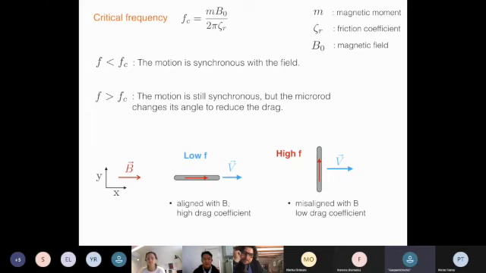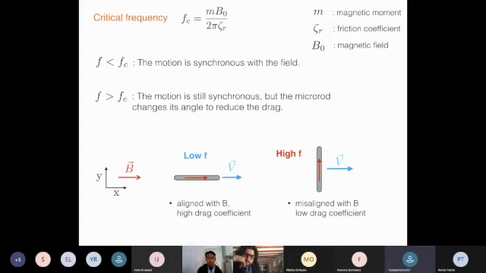Below the critical frequency, the motion is still synchronous. The thing is that the microrod tilts and changes its orientation with respect to the x direction, which is the direction of motion, to actually reduce the drag. And so you have two configurations. At low frequency, your microrod is aligned with the field B and rotates in the ZX plane.